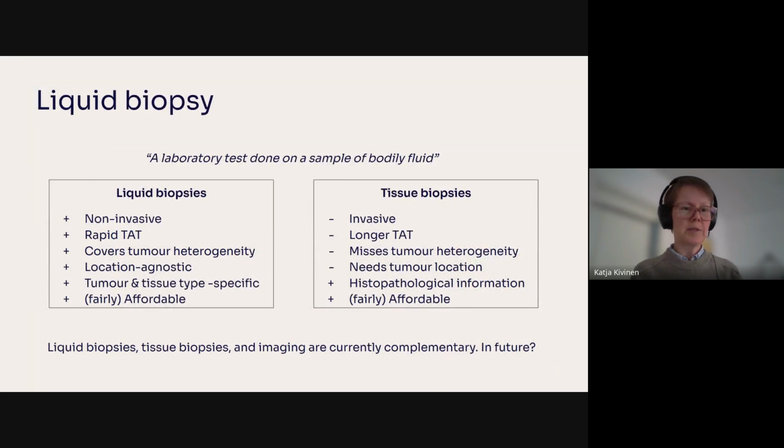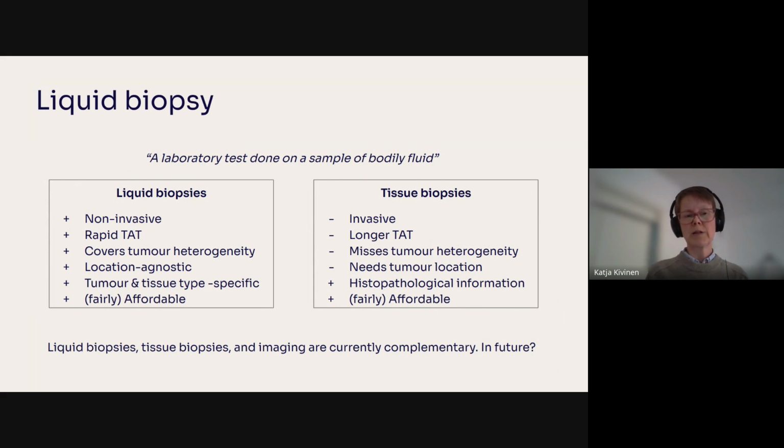So liquid biopsies. A liquid biopsy is basically just a lab test done on any bodily fluid. So it could be from blood, it could be from urine, saliva, other bodily fluids. And it is similar to tissue biopsy in a sense.